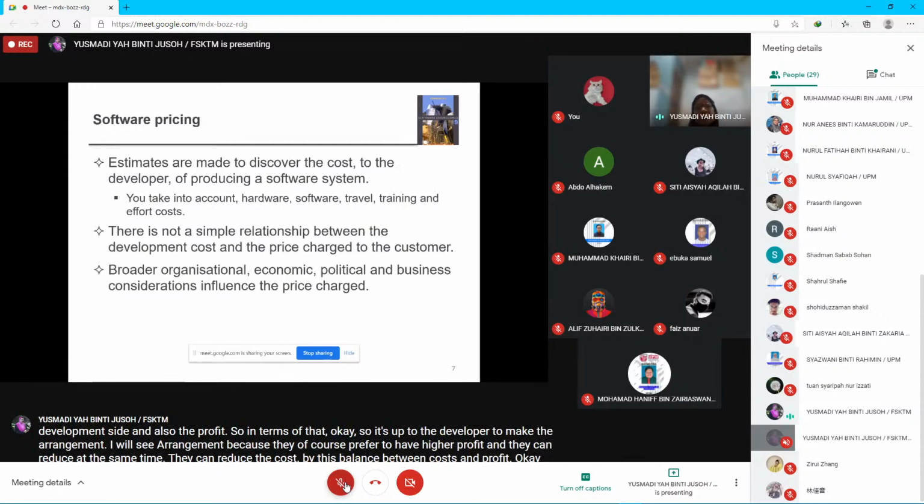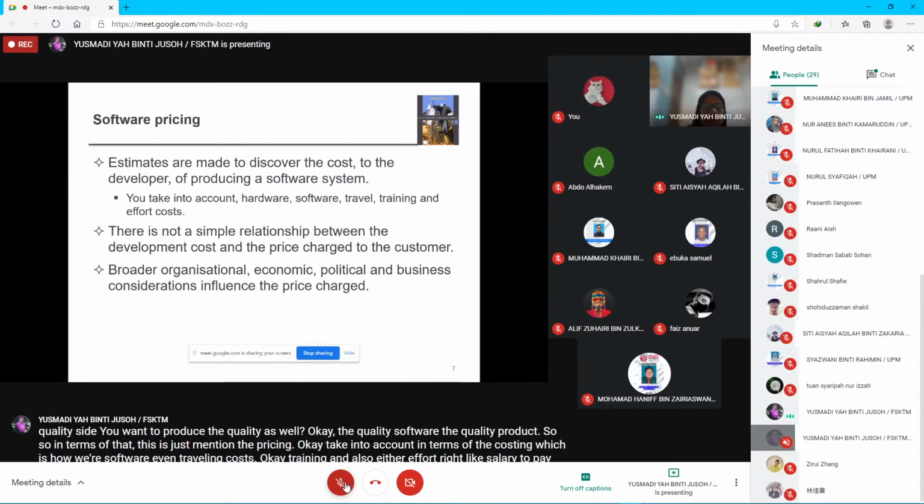The pricing takes into account the costing, which includes hardware, software, traveling costs, training, and other effort, like salary to pay the workers in the team. So it is very important to detail out the costing side.